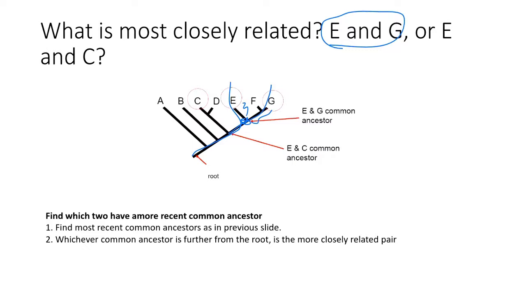But if we travel to the root from C and E, the most recent common ancestor is here in this node, and the distance we have to travel is much longer. The longer the distance you have to travel, the farther away and less related are the two species or groups of organisms we're talking about. So the correct answer is E and G. E and G are more closely related.